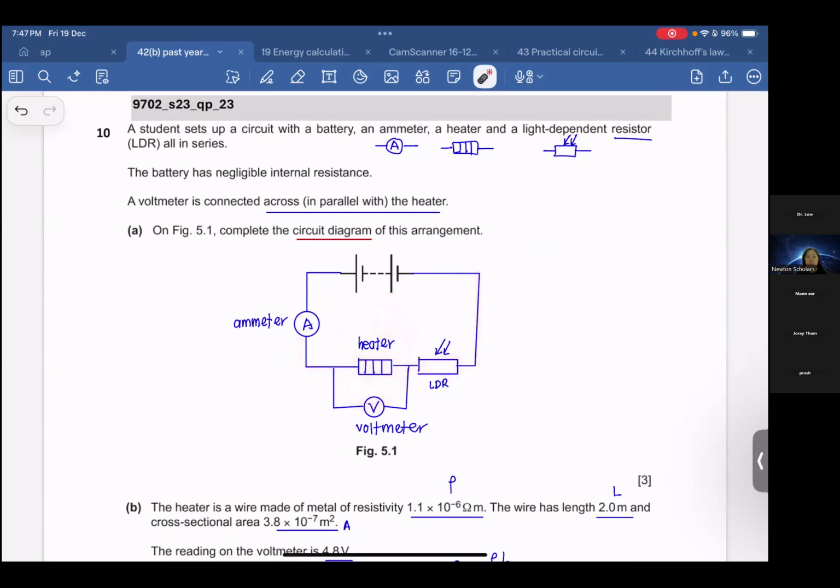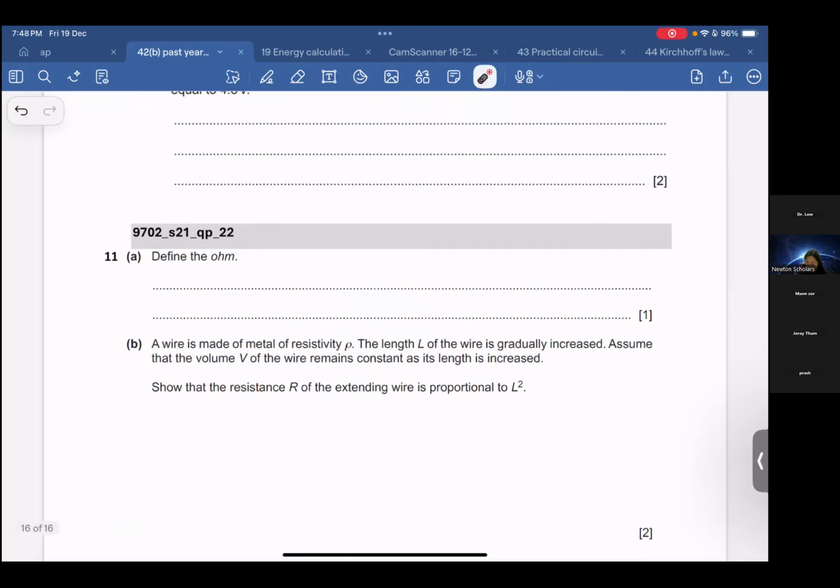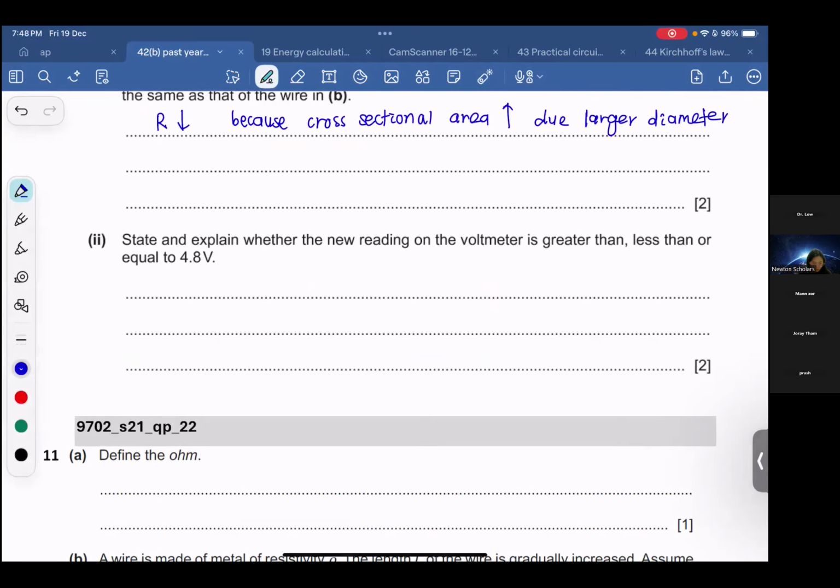The voltage across the heater will decrease. When the resistance of the heater decreases, the voltage across the heater will also decrease. It will get less share. So the voltmeter reading is less than 4.8 volt.